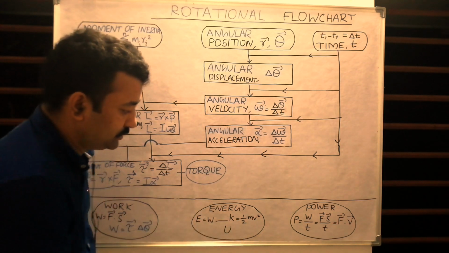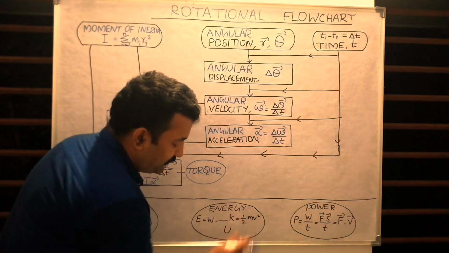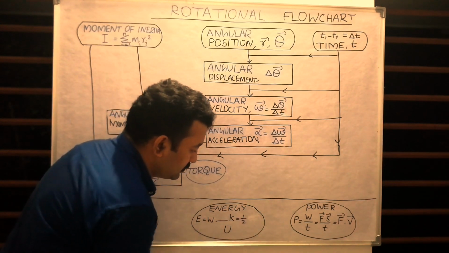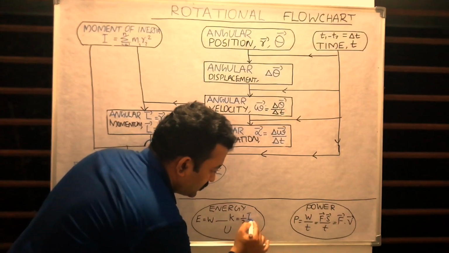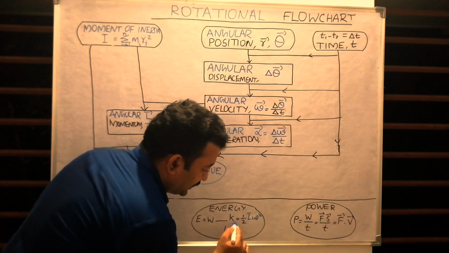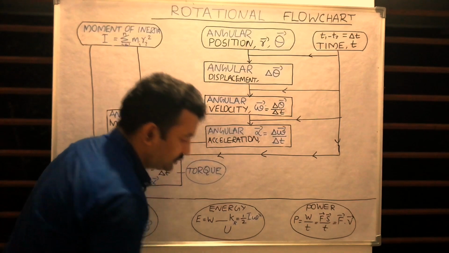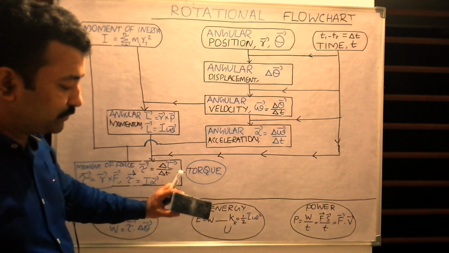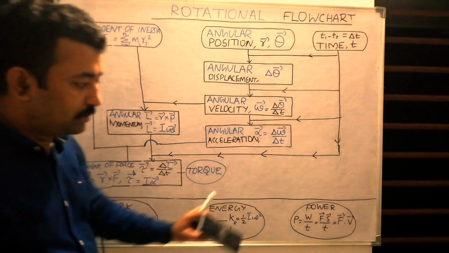Kinetic energy will change, as this is half mv square. Instead of m, I am writing I, and instead of v, I am writing omega. And this is kinetic energy of rotation. So I got the kinetic energy of rotational motion.